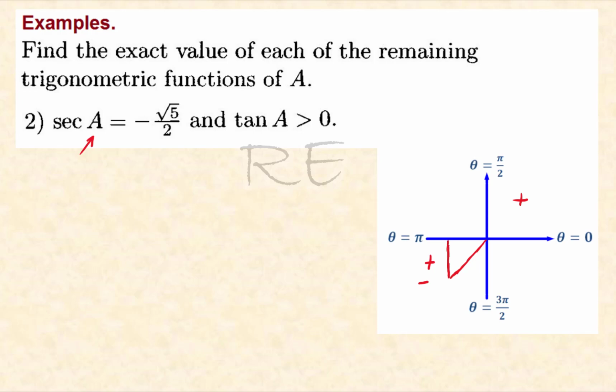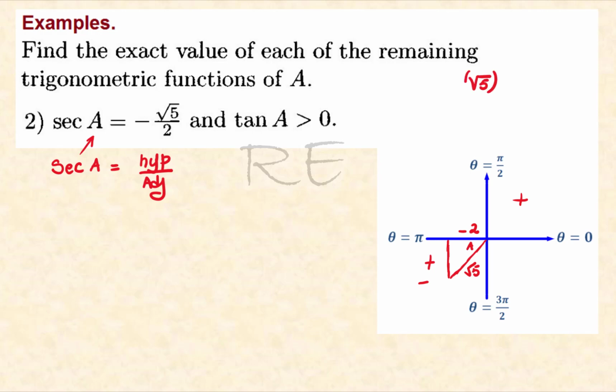Now, secant is hypotenuse over adjacent. So the hypotenuse is square root of 5, and the adjacent side is negative 2.